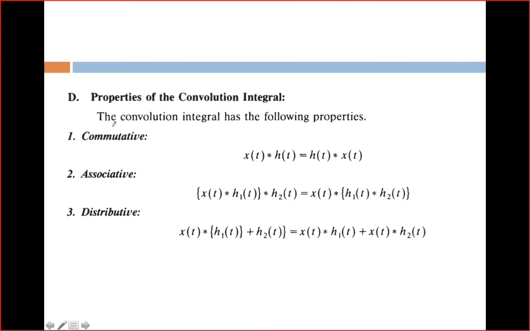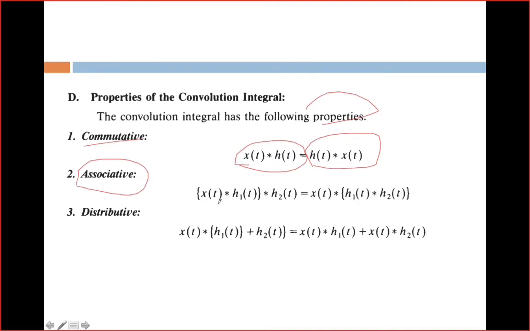One is commutative, that is, x of t convolution h of t is equal to h of t convolution x of t. If you change the place of the signals, there is no change in the convolution output. Then the second property is the associative property.